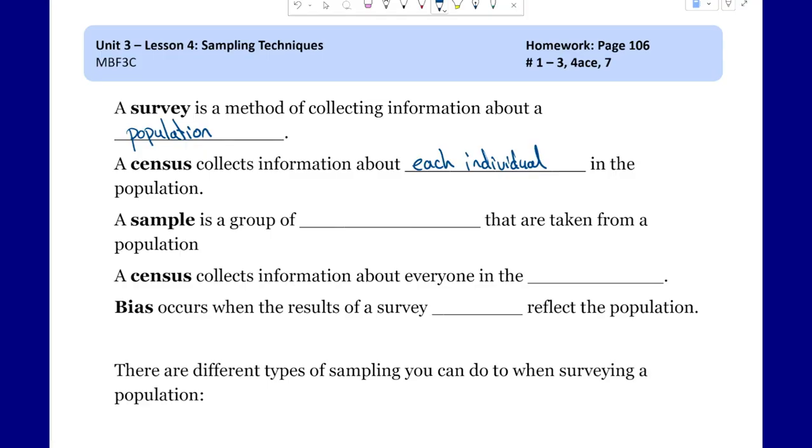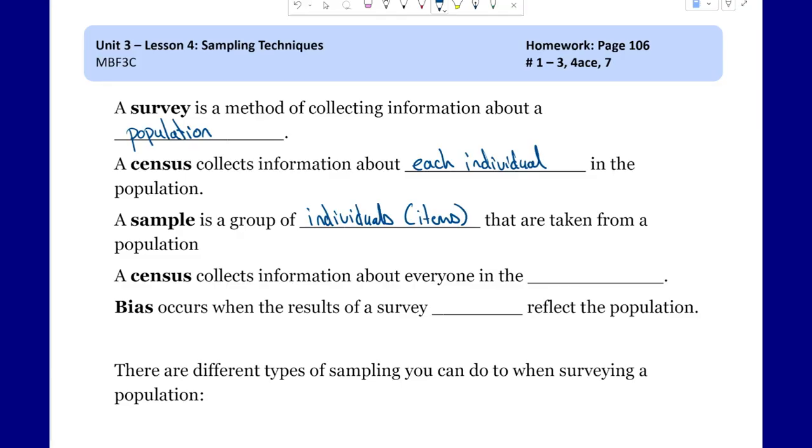Now, a sample is a group of individuals or items, depending on what we're dealing with, that are taken from a population. A population is the entire group that we're looking at.